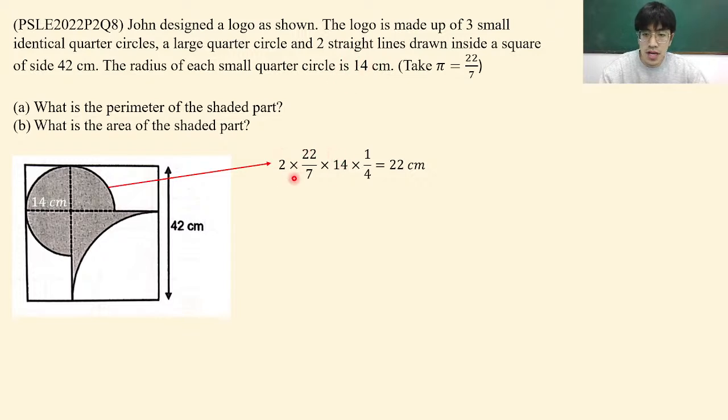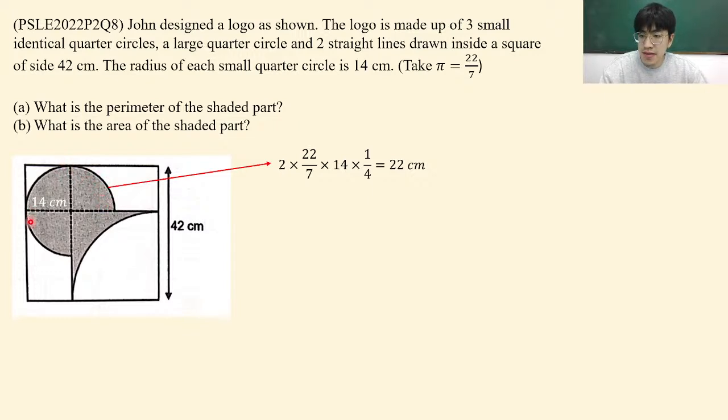Since we only have a quarter circle over here, we multiply by 1 over 4 to get 22 centimeters. So this 22 centimeters corresponds to this length over here.